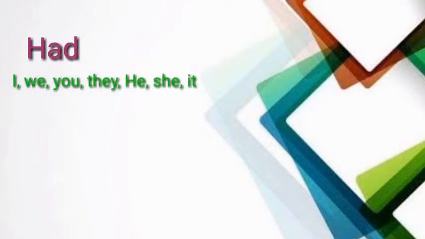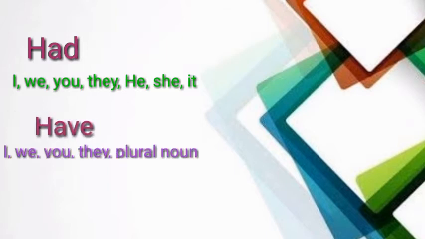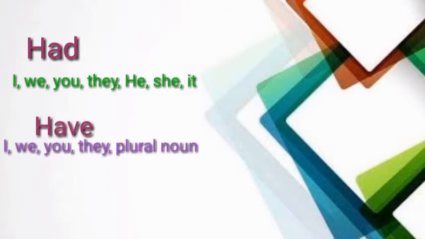So as we learned in our previous lesson, one more time, the difference between has, have or had. Had is always used for past. You can use had with I, we, you, they, any singular or plural noun. But for has or have, if the subject is I, we, you, they, or a plural noun, we use have.